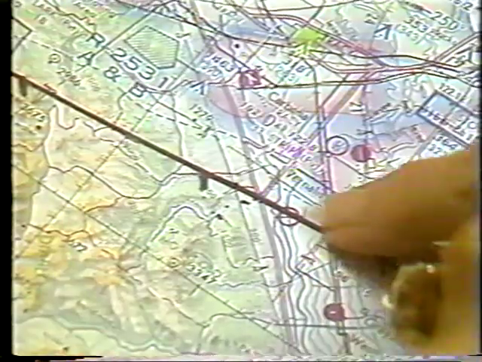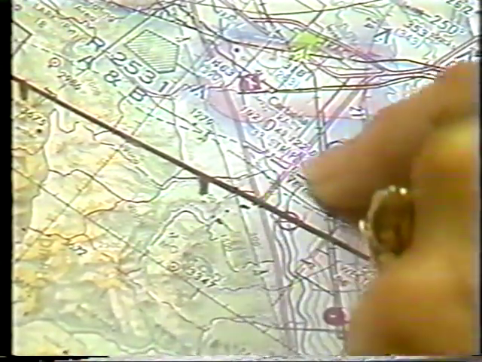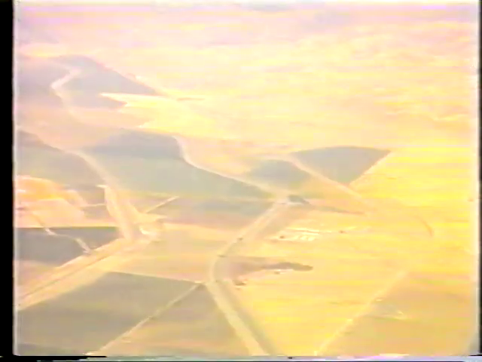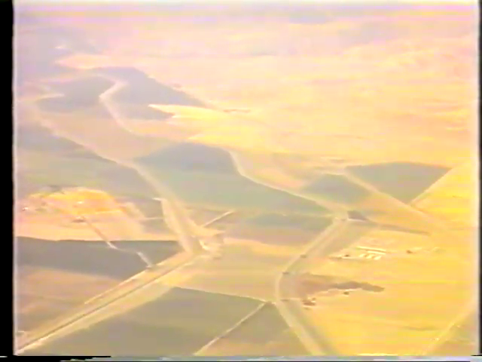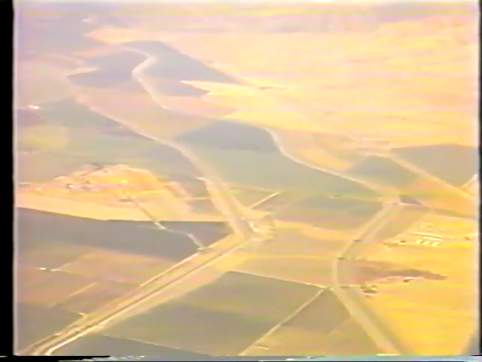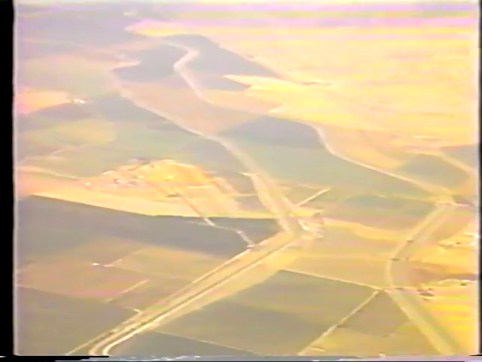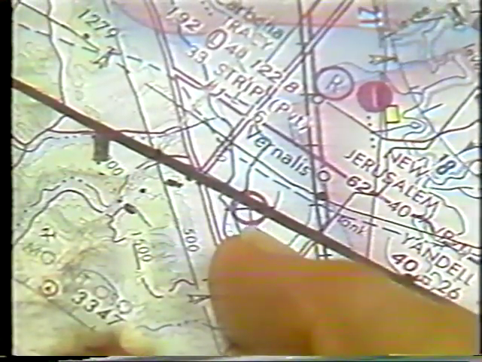Next are the two canals, almost perpendicular to our course. There they are. Here's an abandoned airport which our course line crossed.